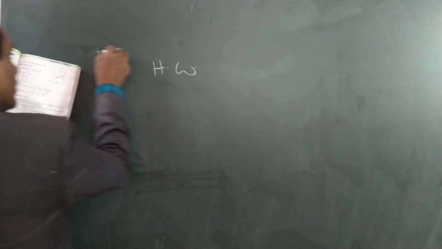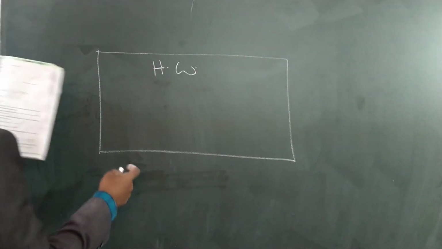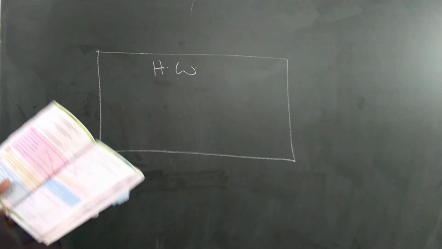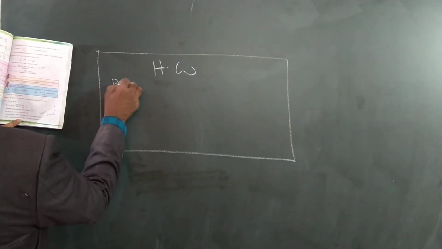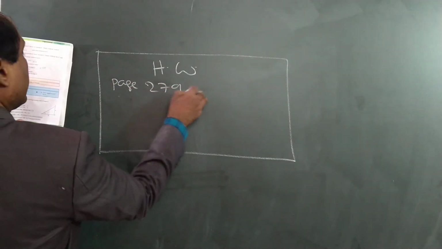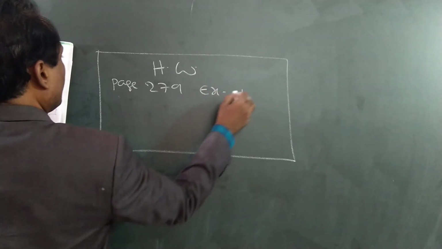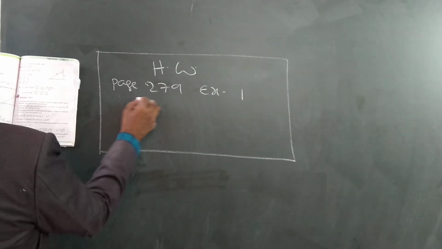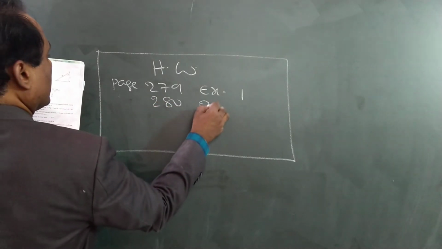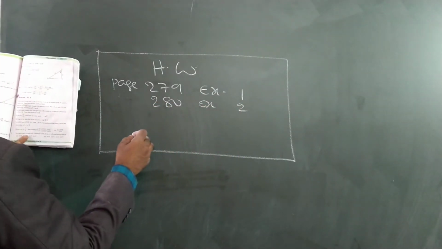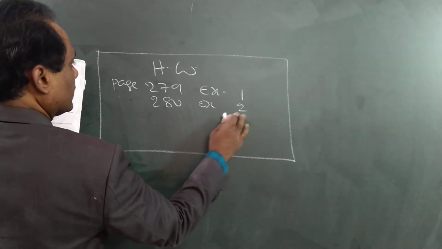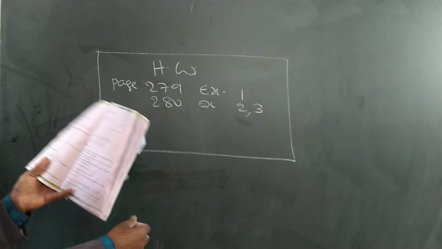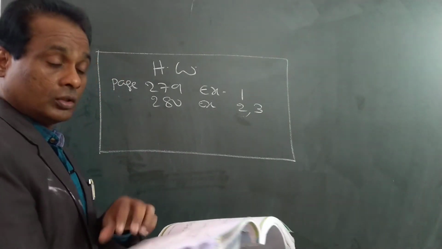Compulsorily you have to complete this homework. Page 279, example 1. Page number 280, example 2. Example 3. These 3 examples you have to do.